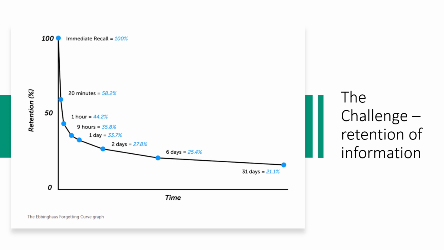I would go even as far as to say that for the last couple of decades, the time of retention of new knowledge has gotten even worse than what this shows over here. So if that's the case, then how do you keep up with this challenge? How do you make sure that your users have the information they need at the moment of their need within the context of their environment and within the flow of their work.